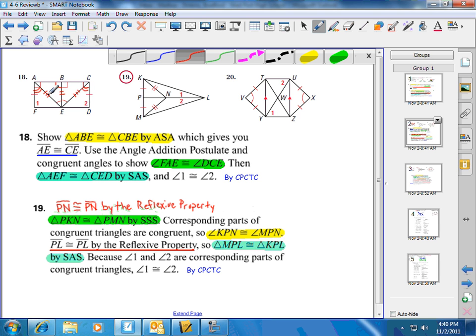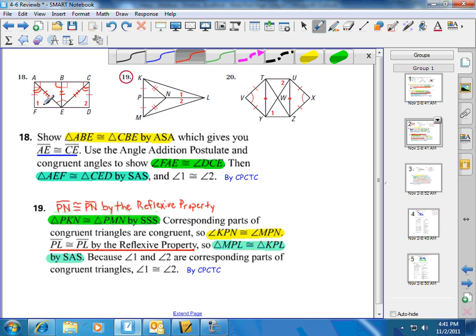So if these two angles are congruent, then whatever you take away from 90, you're taking the same thing from 90 here and here, so you're getting the same angle measurement here and here. So angle FAE and angle DCE are congruent. Okay, they're complements to the same angle measurement.